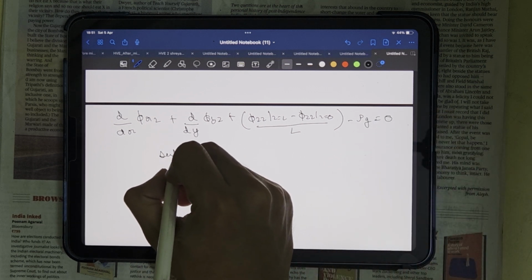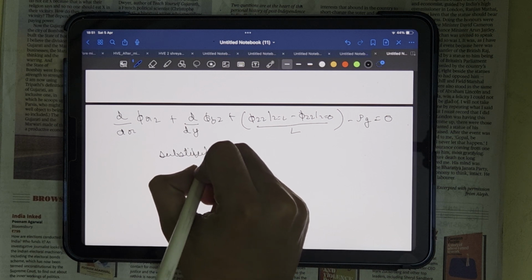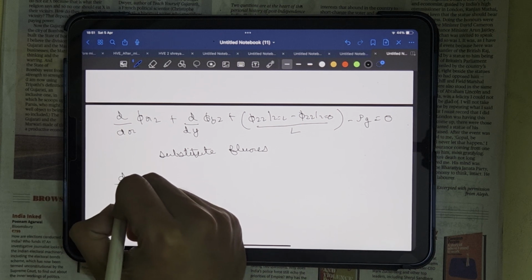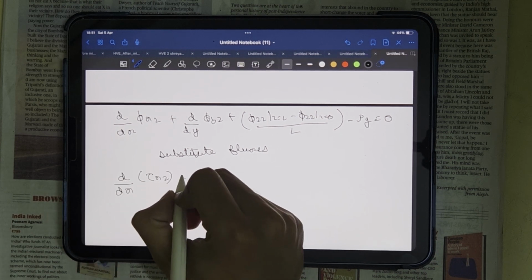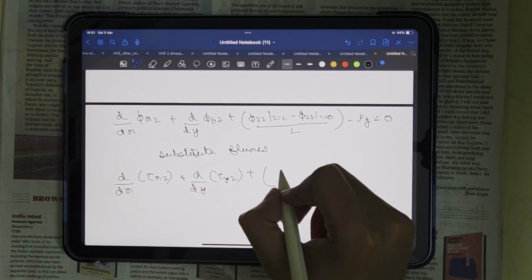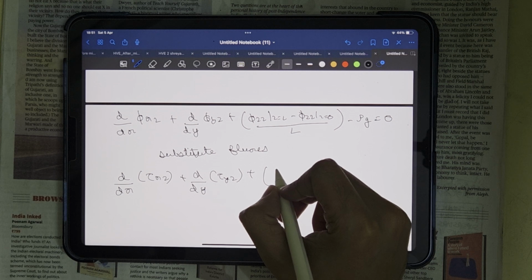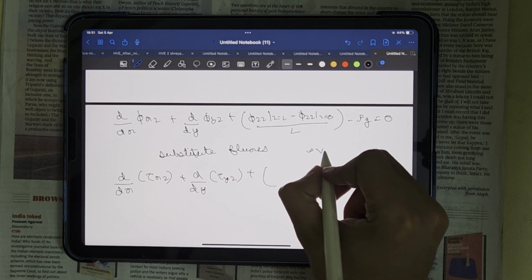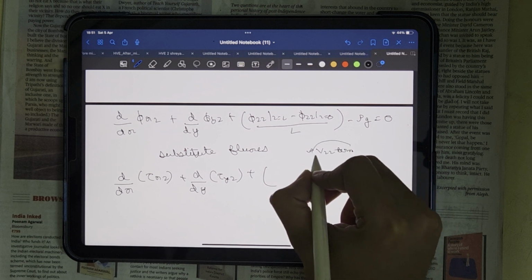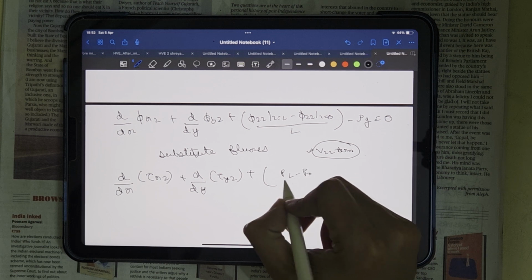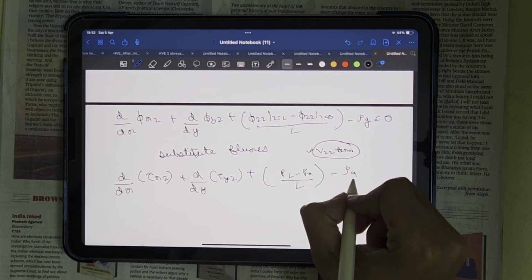Now we will substitute fluxes in this equation. So we will get d by dx of tau xz plus d by dy of tau yz plus, since velocity at both the surfaces will be 0, the rho vz term will get cancelled here, and we will eventually get PL minus P naught by L minus rho g is equal to 0.